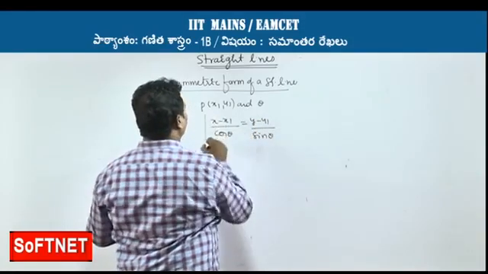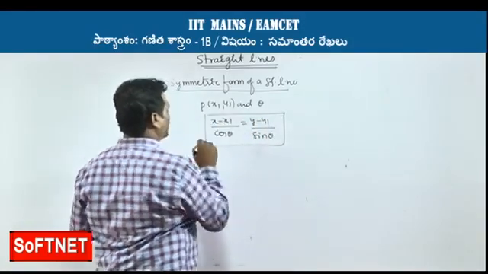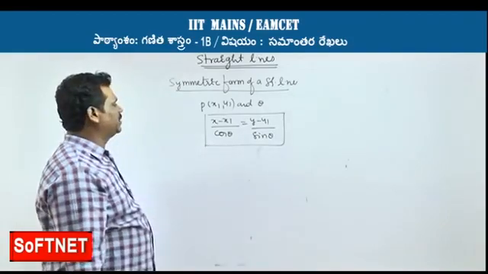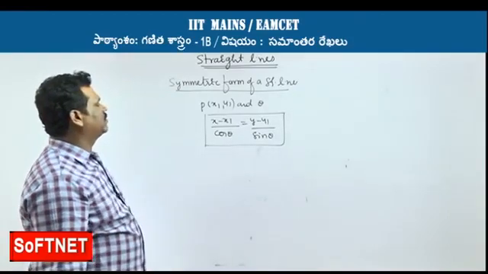This is called the symmetric form of a straight line. Here theta is the angle made with the positive direction and x1 y1 is the given point.